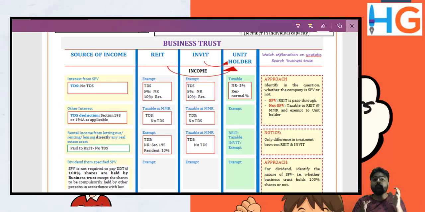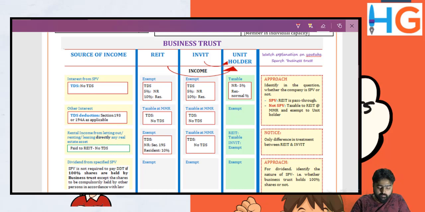In the case where the business trust is not a pass-through entity, for example, an income comes and it hits the business trust, it is taxable to the business trust. It will not be taxable to the unit holder. So there is no double taxation. There is only one level of taxation. In some income cases, the business trust is a pass-through entity. In some cases, it is not.